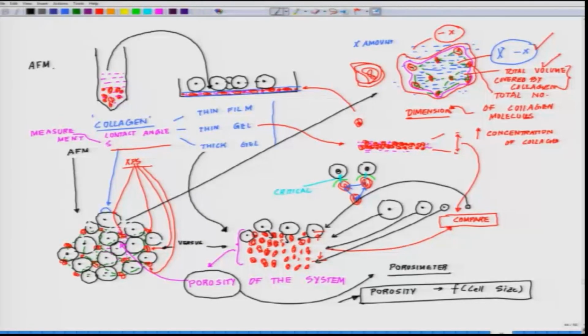That will give you the roughness or smoothness of the surface, whichever way you want to explain it. One. Next, followed by that, what you can do is contact angle measurements.